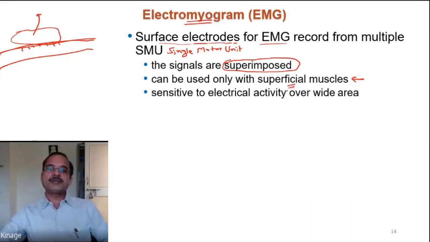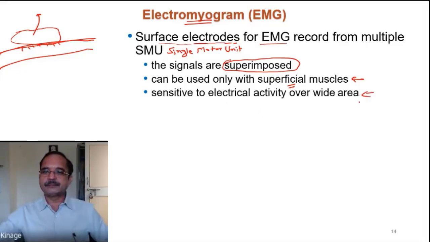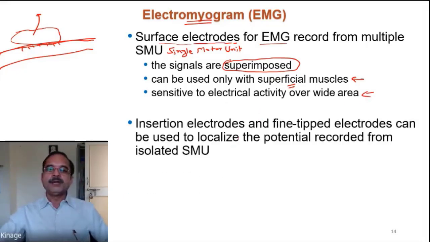For other types of muscles, that means if the muscles are lying inside or in the interior, then in that case you cannot use surface electrodes. Okay. So if you use surface electrodes, it is sensitive to electrical activity over a wide area. The electrodes which are inserted directly in the skin are called insertion electrodes.